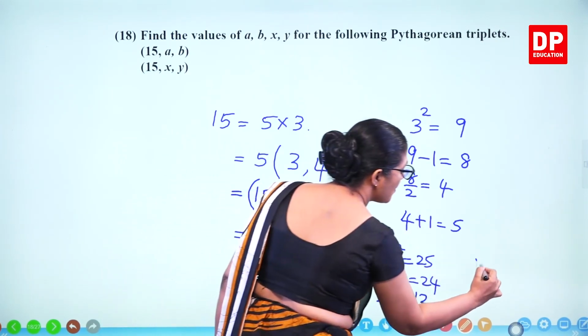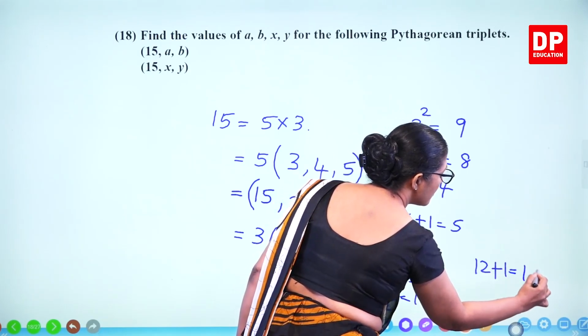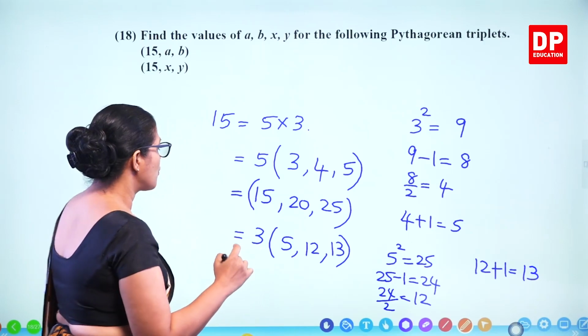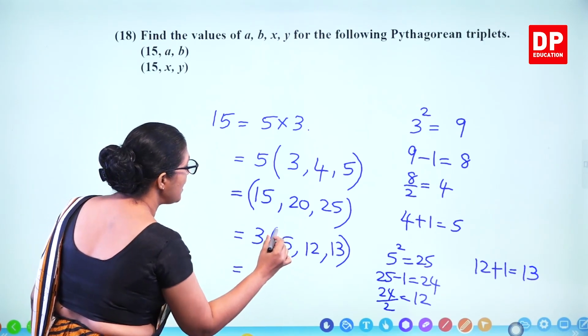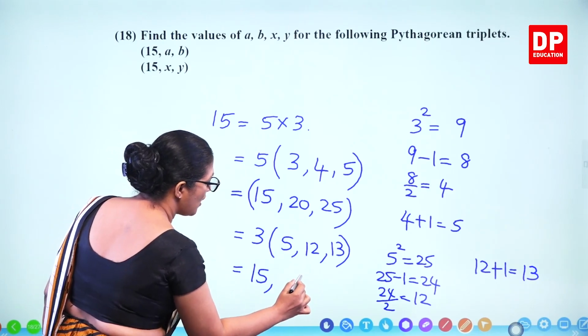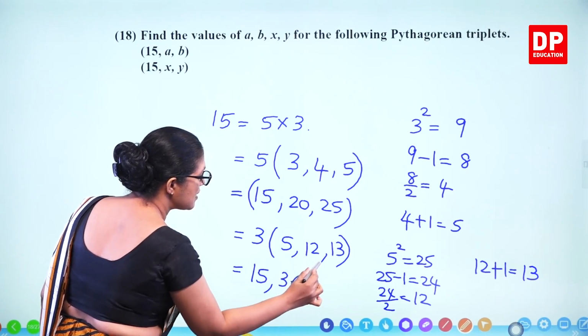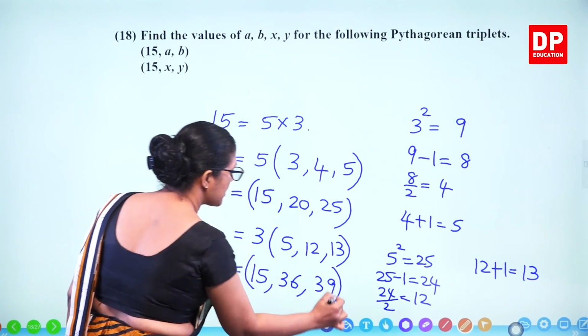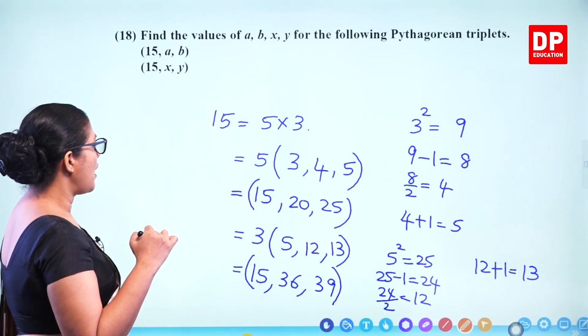What's the next number? You add 1, 13. So that's another pair. When you multiply it by 3 now, what are the triplets? 3 times 12, 36. 3 times 13, 39. So you get this pair.